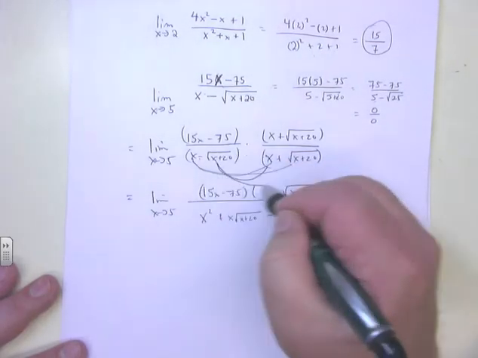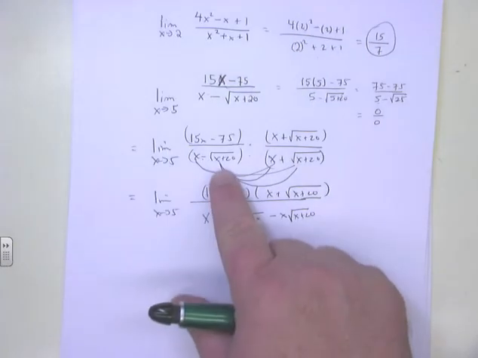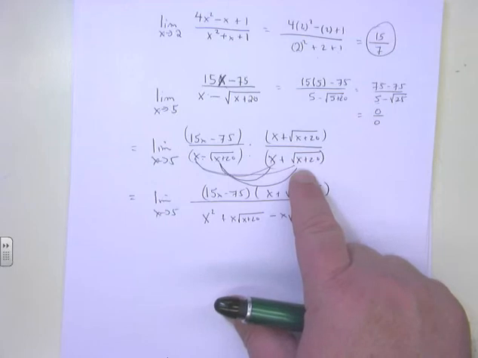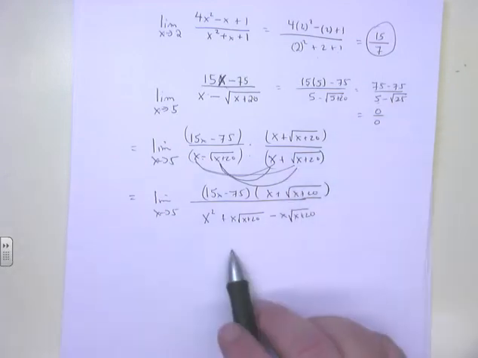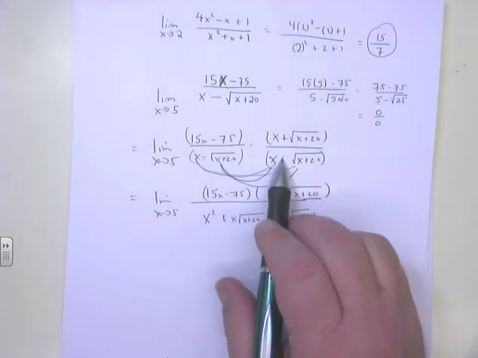And then what do I get here? Be careful on this one, why I did this one, because this is where a lot of people have screwed up. What is negative the square root of x plus 20 times a positive square root of x plus 20? Eventually. But what is it first? What's a negative times a positive?